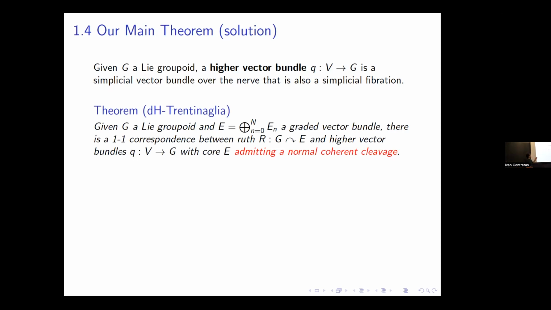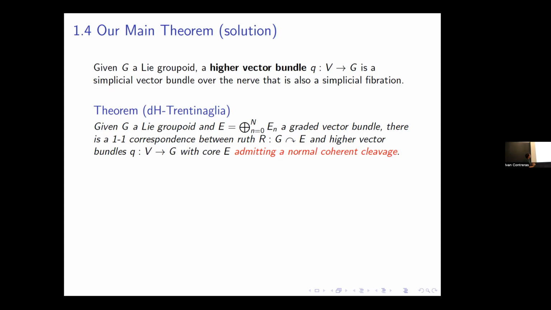if you start with a Lie groupoid G and a graded vector bundle E, there is a one-to-one correspondence between representations up to homotopy from G on E and higher vector bundles over G with core E, and admitting a cleavage that I will define later. I just wanted to tell you a bit of the taste of the theorem. What does core mean? I will be very sloppy, but actually I will be very precise, but very short.